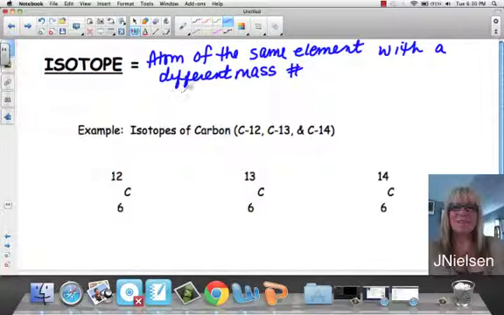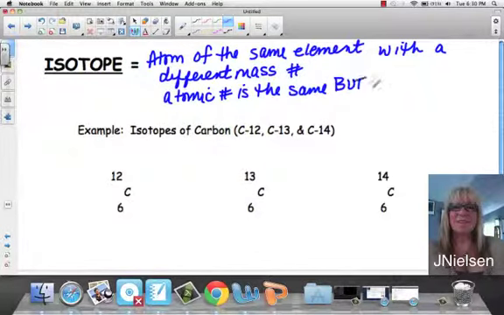And what that means is they have the same atomic number, but the mass number is different.